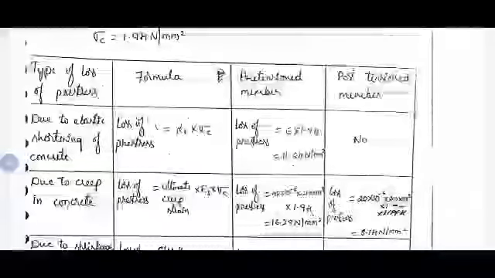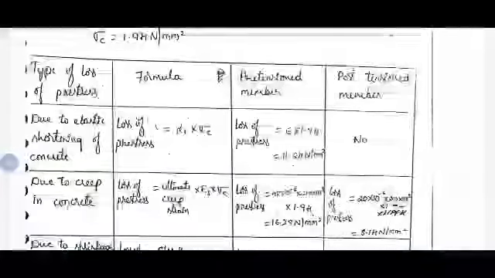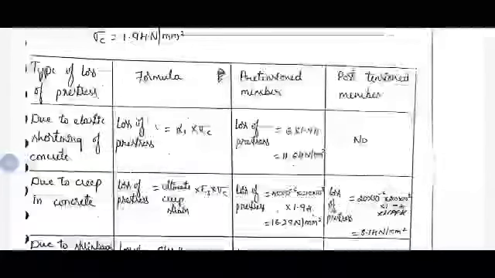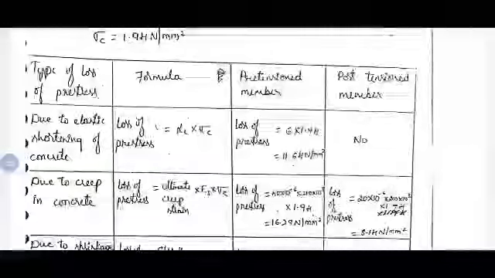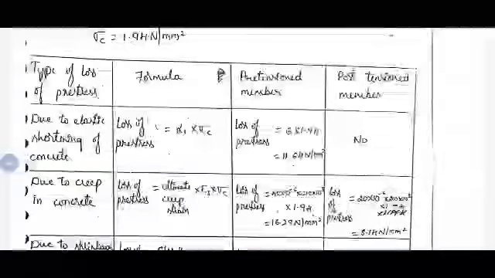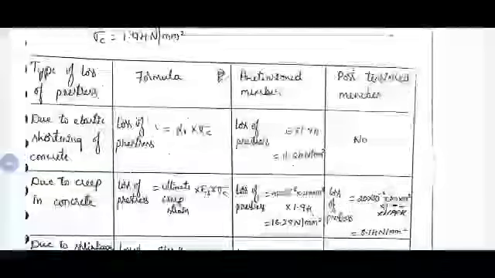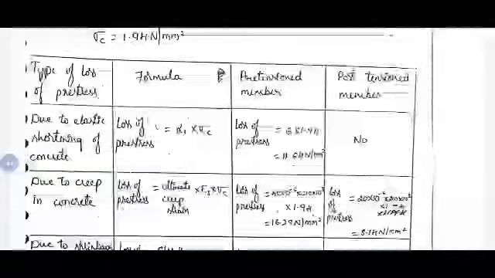In case of post-tension, if the cable is single, there is no loss. If we have a number of cables and we apply the pre-stressing force one after the other, then only we will have loss due to elastic shortening. Since we have only one cable, there is no loss due to elastic shortening, so it is nil.